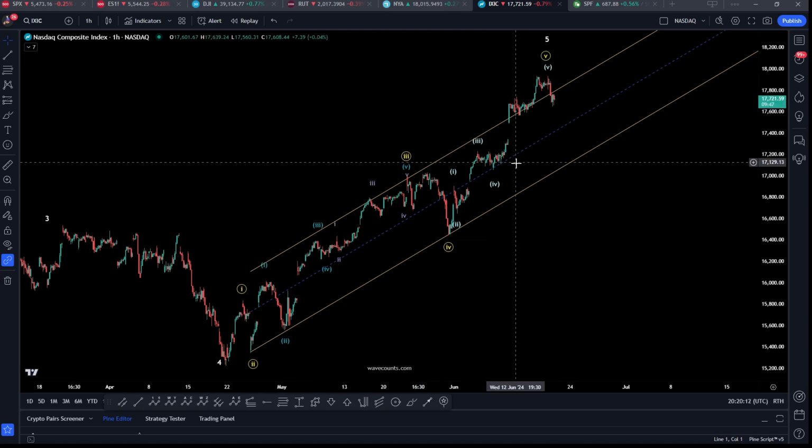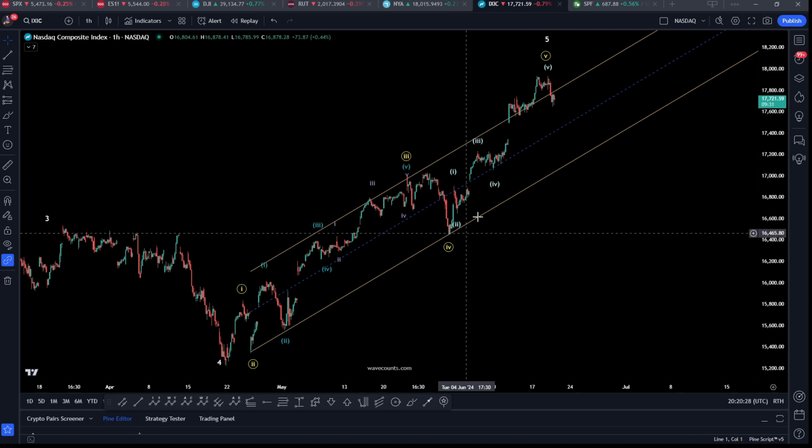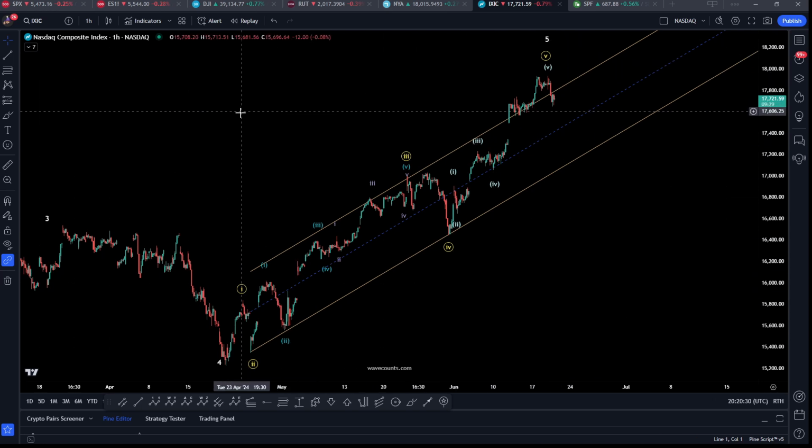So we have 2 extensions. Extended third and extended fifth. That's the most you can have. You cannot get 3 extensions. It is not legal. Cannot do it. This is the most extensions you can get in an impulse wave. 2 extensions, that's it.